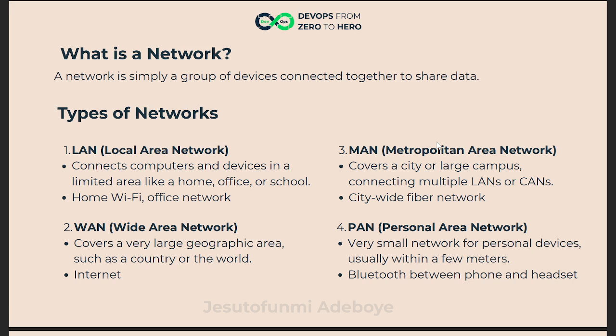Take for example your Wi-Fi at home. From that Wi-Fi you can connect many things to it: your smartphone, your computer or laptop, your smart TV. You can connect anything connectable, and in that process, they share data and resources.